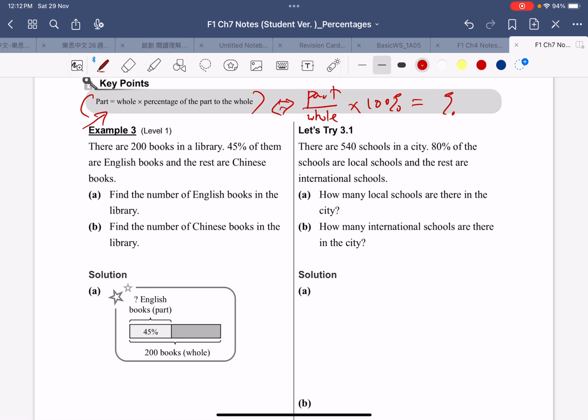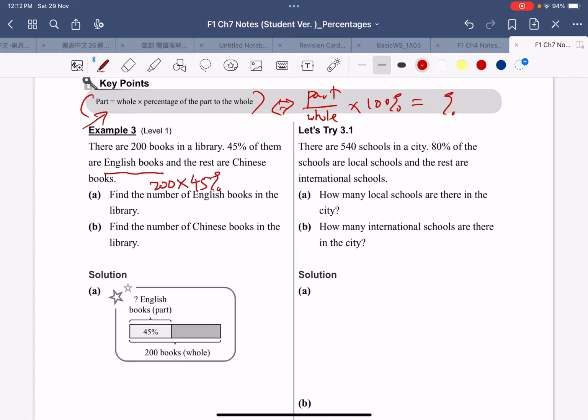45% of 200 books are English. So the number of English books is how many? Amount of English books will be 200 times 45%, right?